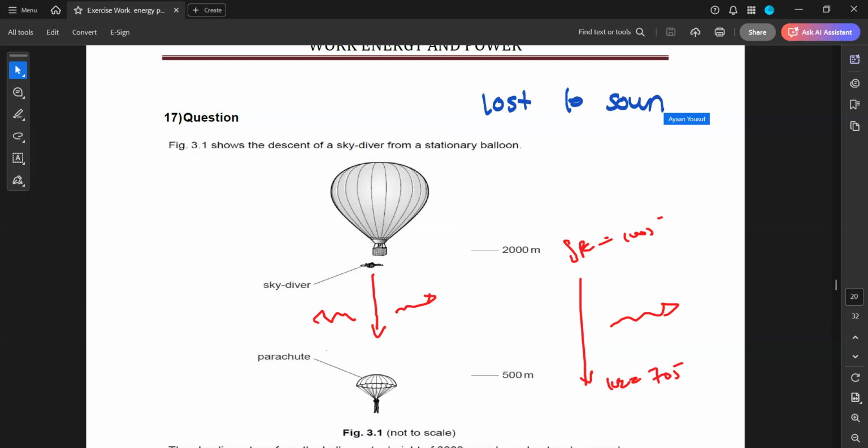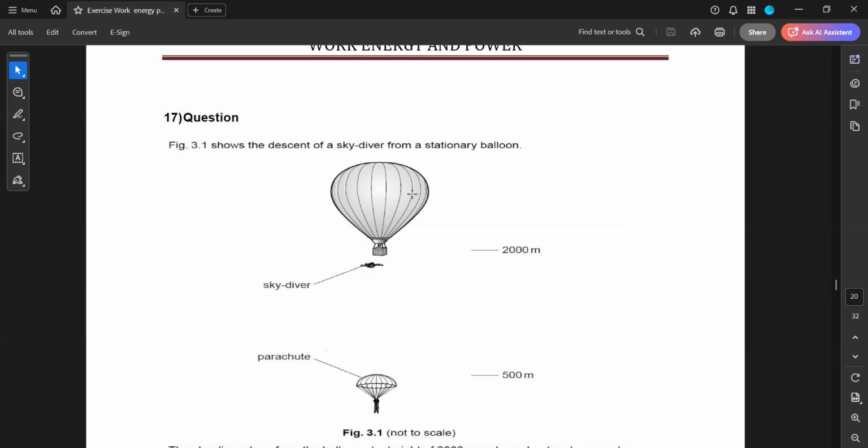So some work is done against the air resistance. Before he opened the parachute, the air is opposing his motion. So that's why he will lose some of his energy to the surroundings because of the air resistance, or some of the work is done against the air resistance. That's why the potential energy is not equal to kinetic energy.